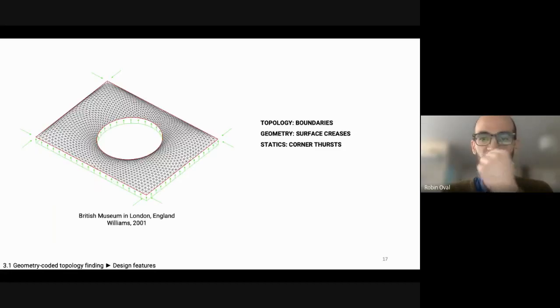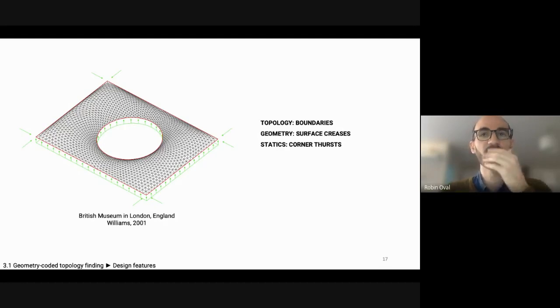So let's finally start with the core of the matter, topology finding, and with the first strategy, which is based on geometrical input. That's included because the designer only has to play with surfaces, curves, and points. So if, again, we revisit the pattern of the British Museum, there are several important design features that you might want to integrate.